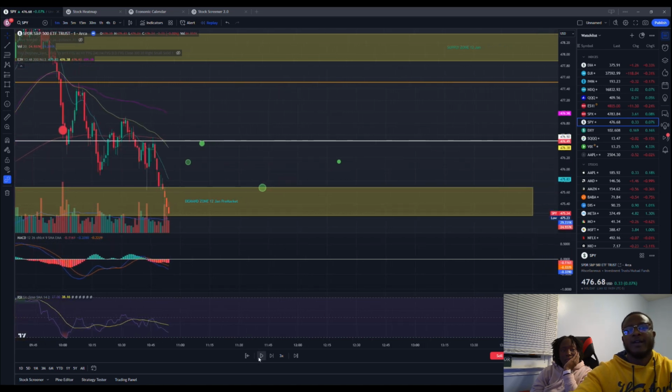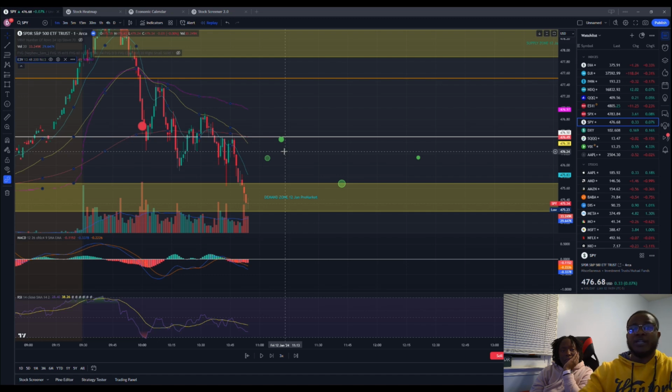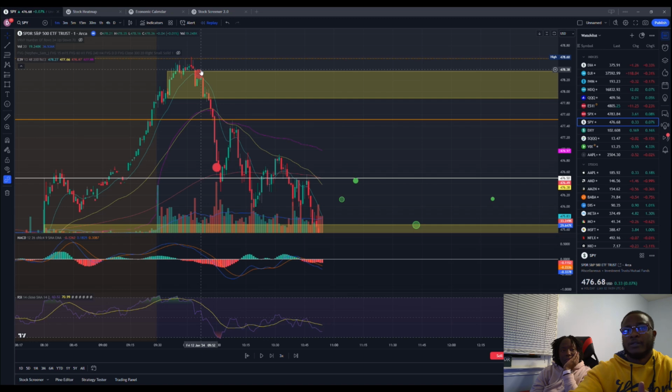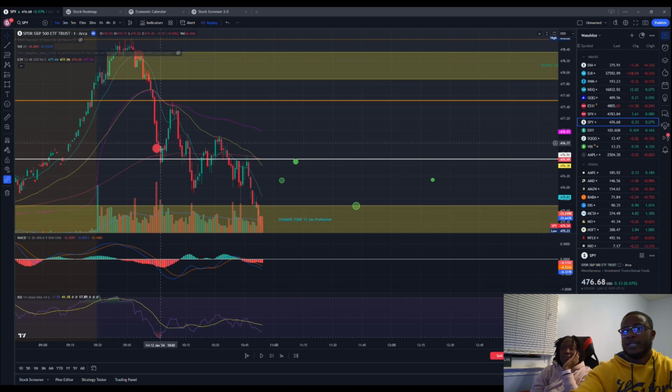All right. Also, I want to point out, when we hit this demand zone right here, in hindsight, up here when I shorted the pop, ideally I could have held this until we hit this demand zone. But it's not a 100% guarantee we're going to come back and touch the demand zone on the money.